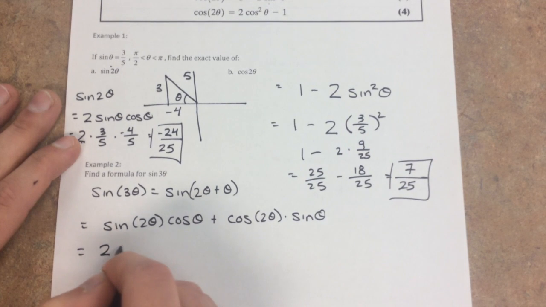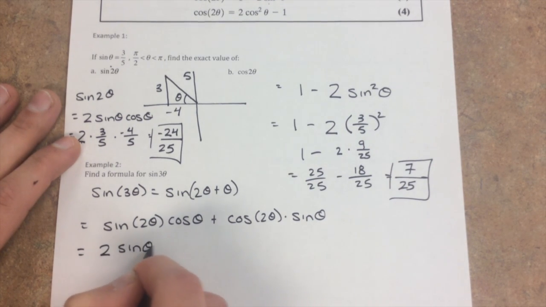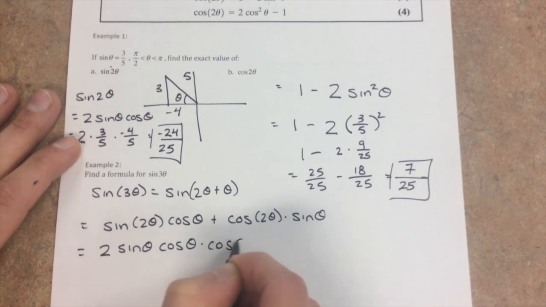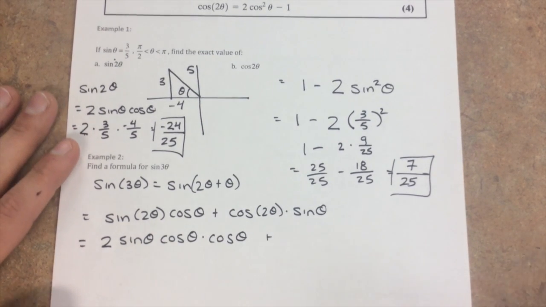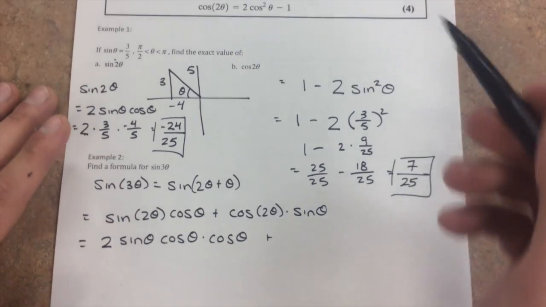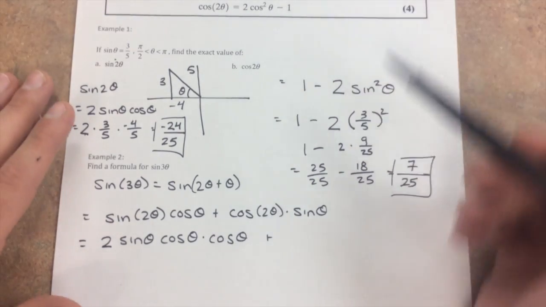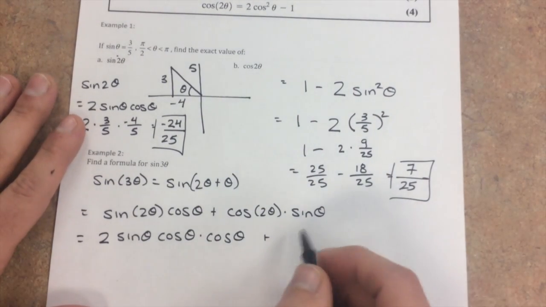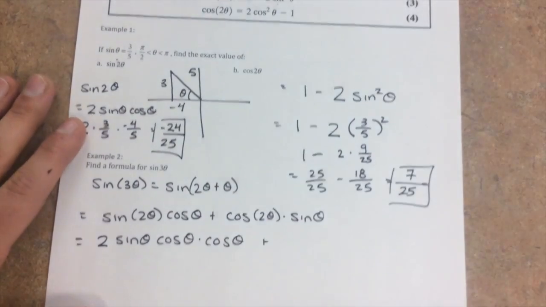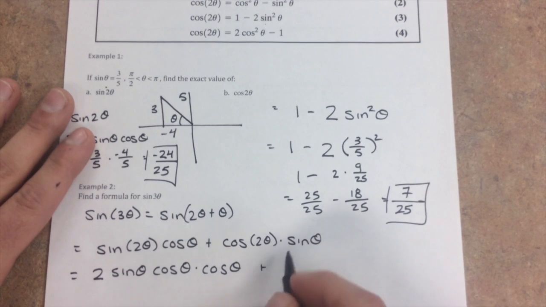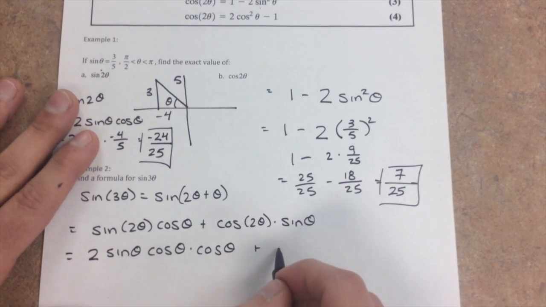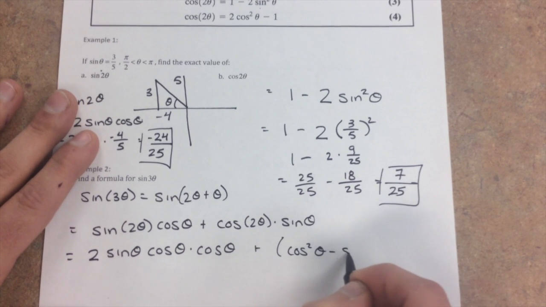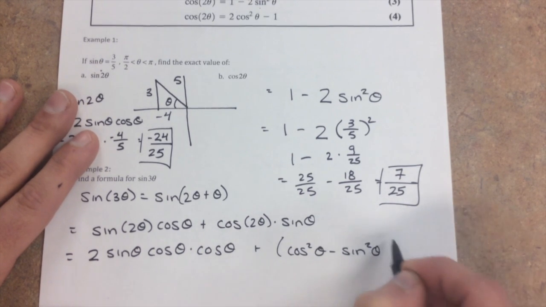So this is 2 sine theta cosine theta times cosine theta plus, well, I can do one of two different things. I know I'm going to end up with a cosine squared, so what I'm going to do is use the cosine squared minus sine squared. We can get multiple derivations from this now. So we're just going to say cosine 2 theta is cosine squared minus sine squared times sine.